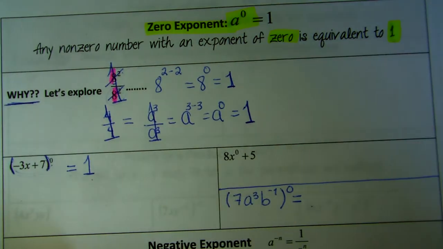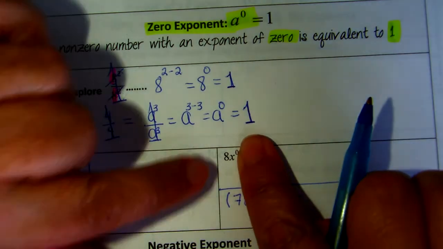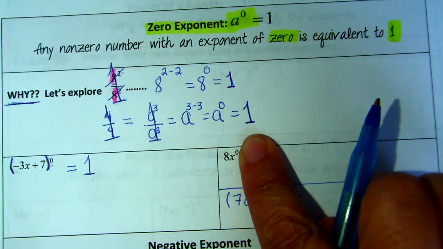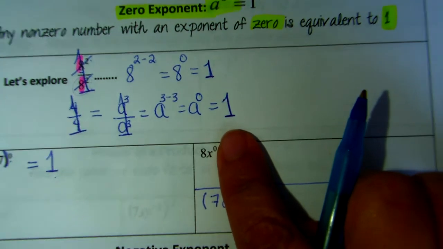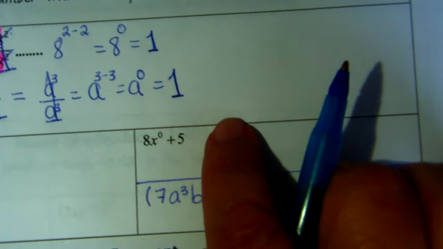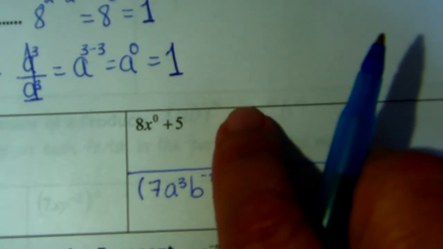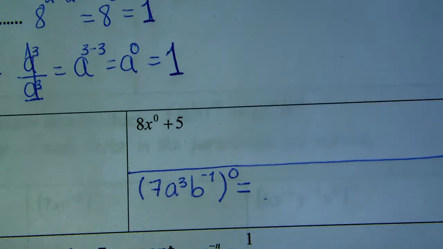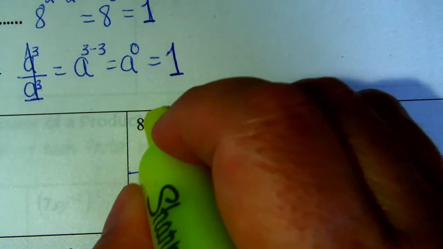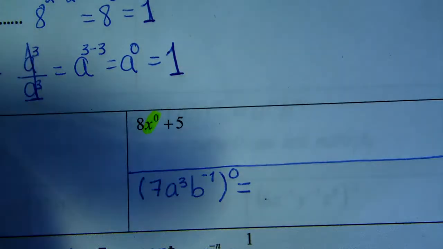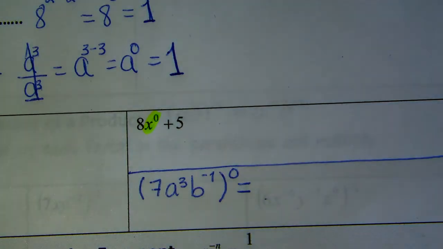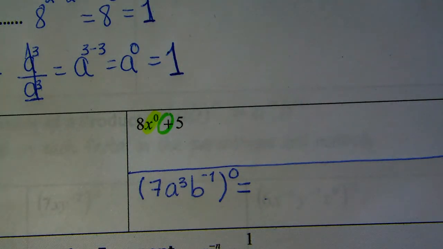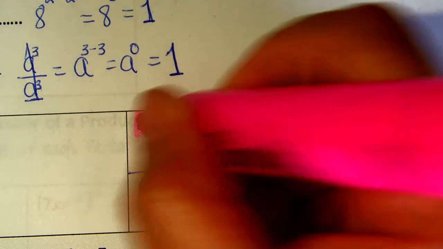Look at this one. Here, what is elevated to the power of 0? Only the x. Let me zoom in a little bit more and focus, because I want you to focus on this one. You see how this one is separated by a plus sign right here, and then you have a coefficient 8.